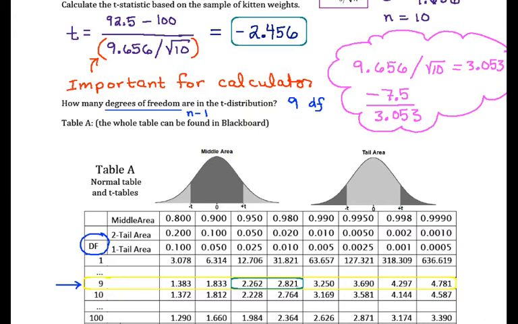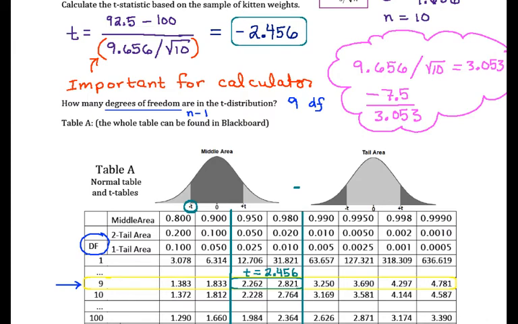That just indicates I really have a negative t over here. I'm still just looking up the absolute value of my t in this table. So I'm going to look up t equals 2.456, get that it's between these two values, and that tells me that I am just looking at options between these two values.